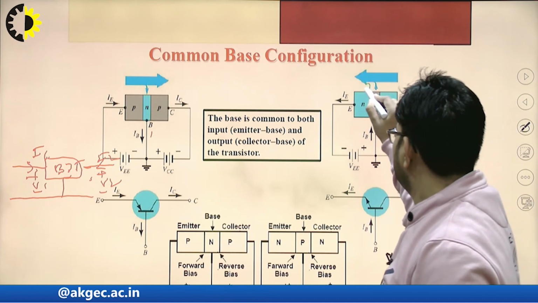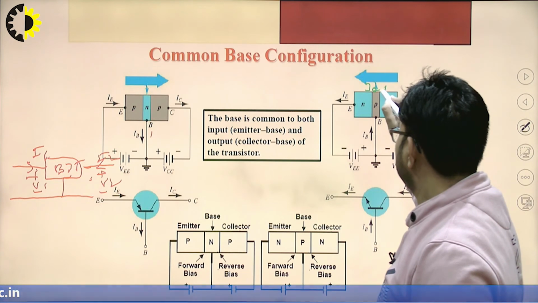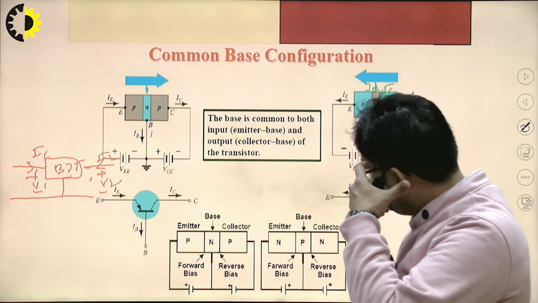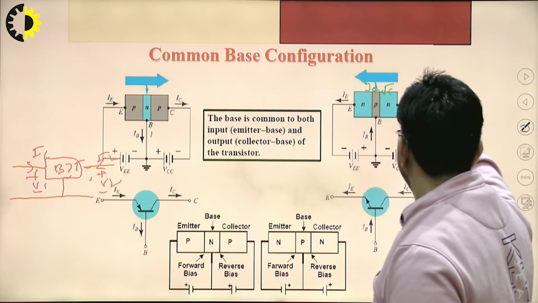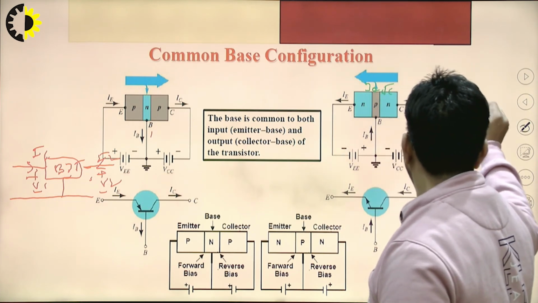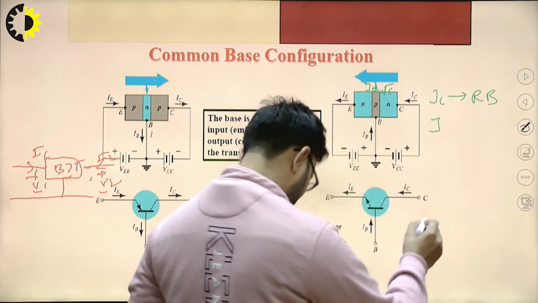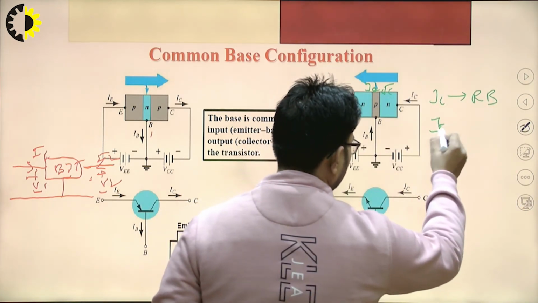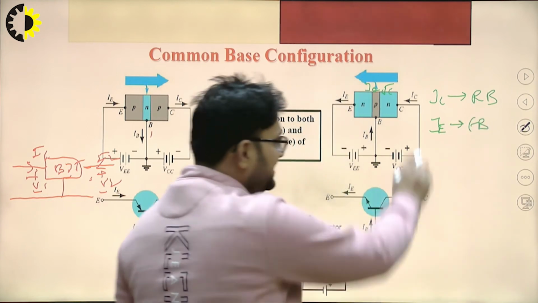So this is your JE, and this is your JC. So two junctions are there. JC is reverse bias, JE is forward bias.